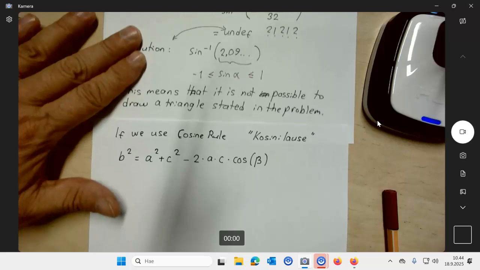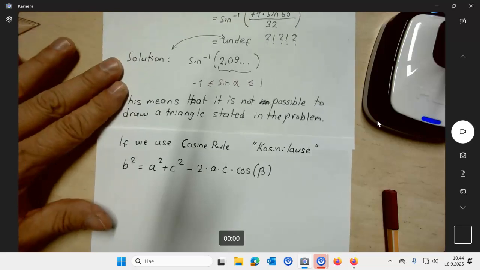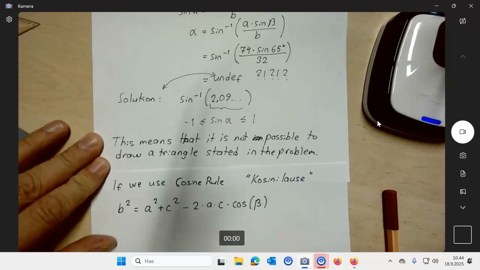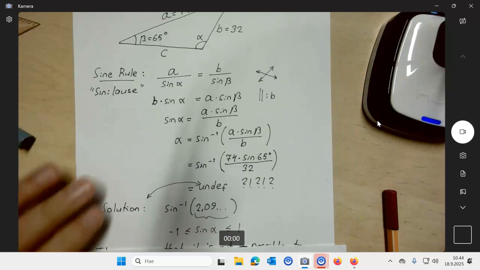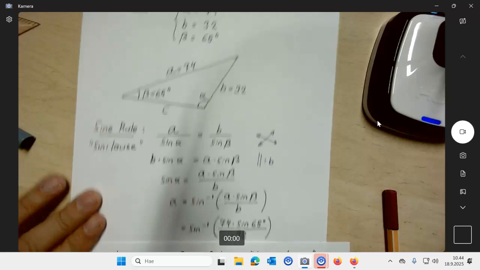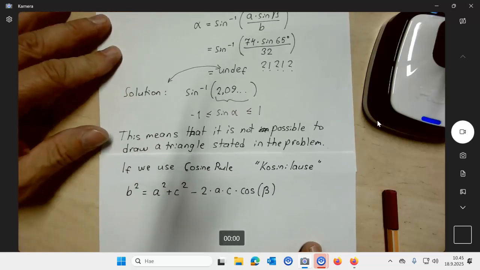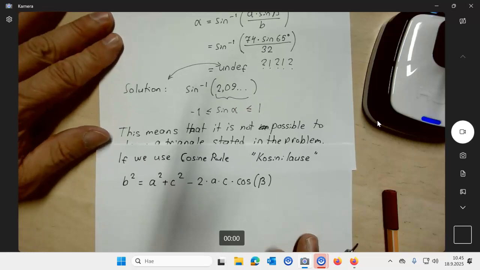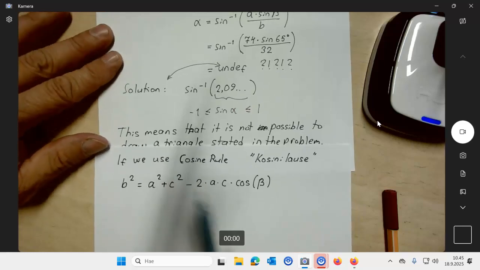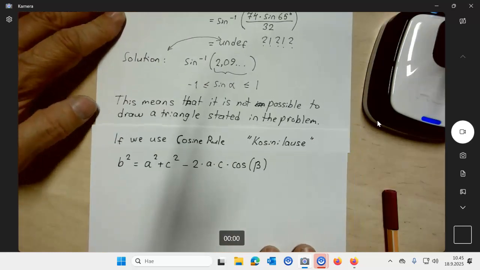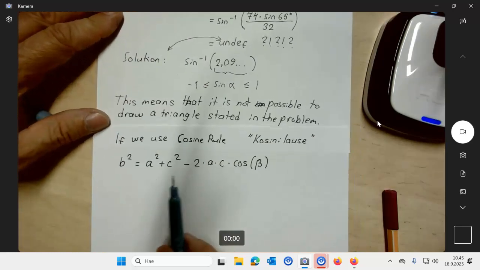And now we have a situation where we know B, A, and beta. So the only one which we do not know is C. But the problem is that C is in 2 places in this equation.